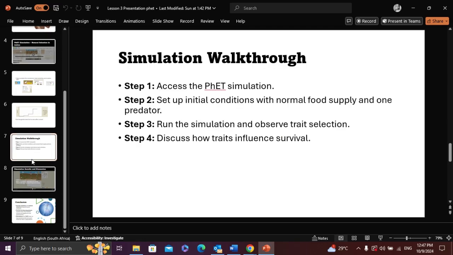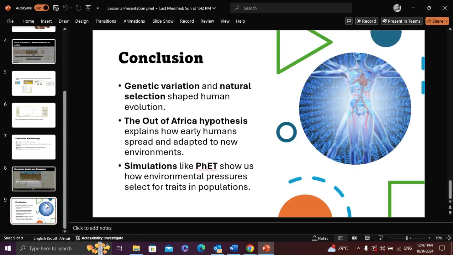I think we have gone through the running of the simulation as well. We are approaching the end of our presentation. We have seen that both genetic variation and natural selection played a crucial role in shaping early human populations.